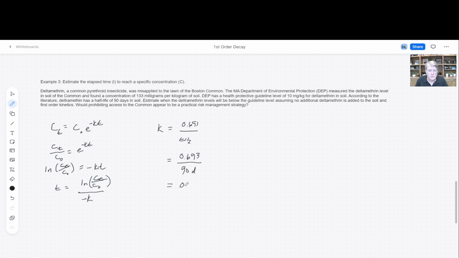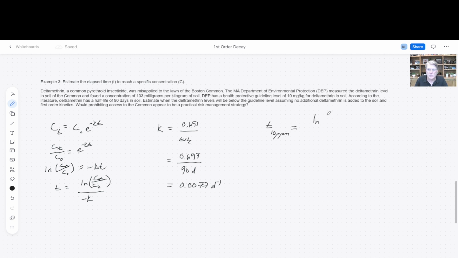So that is 0.0077 per day. So a little bit less than 1% per day, 0.8% per day. Alright, now let's go and calculate the time to get to 10 parts per million.